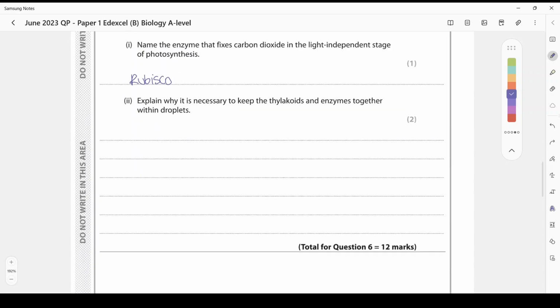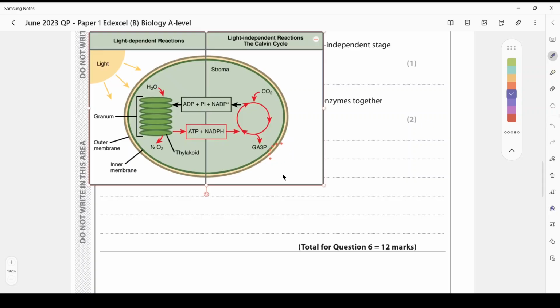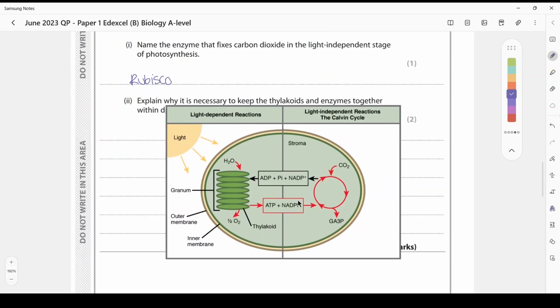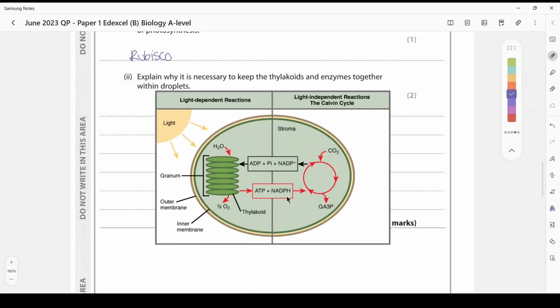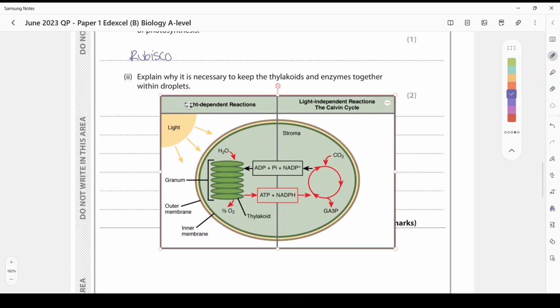Explain why it is necessary to keep the thylakoids and enzymes together within droplets. So let me show you this diagram here. Photosynthesis consists of two reactions, your light dependent and your light independent. Your light dependent takes place in the thylakoid, and your light independent involves all of these enzymes like rubisco, and that will be your Calvin cycle.